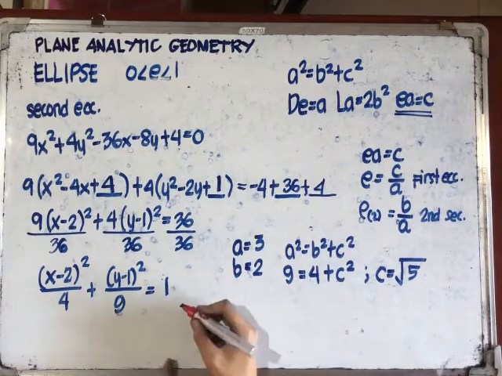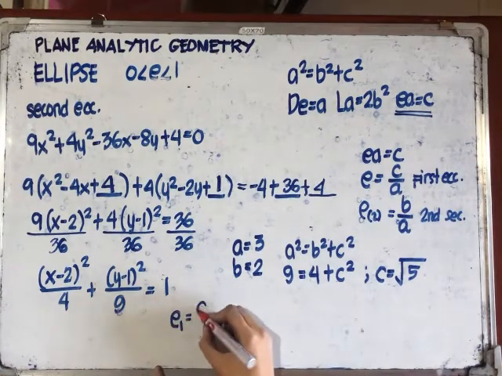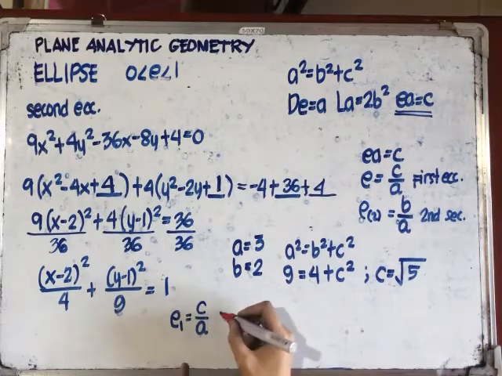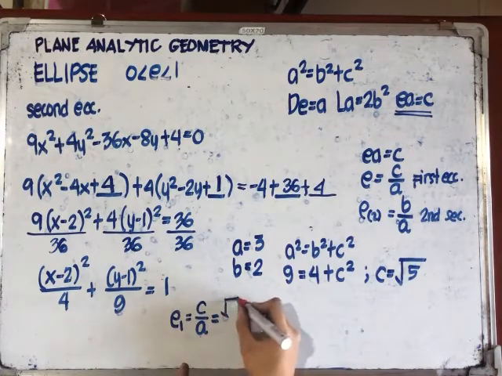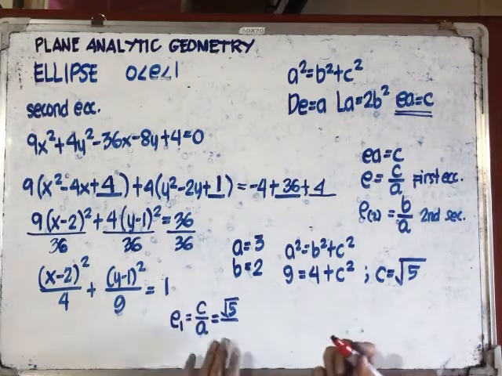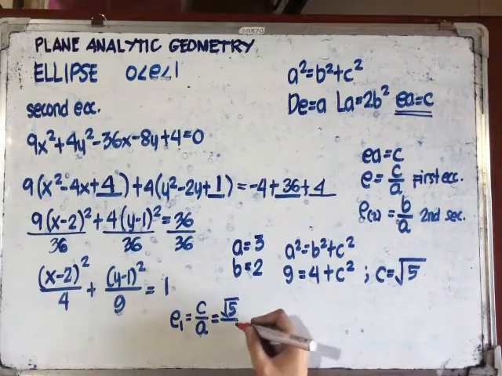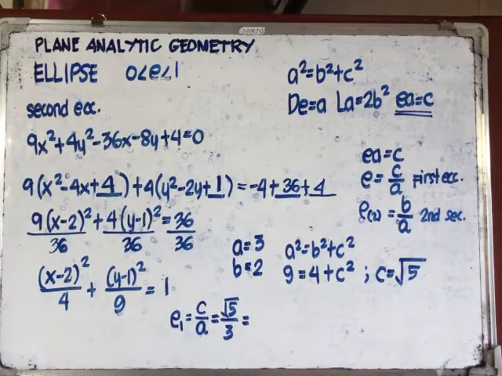So basically, if we want to compute your first eccentricity E sub 1, that is C over A, let us just compute that as well, kahit hindi siya tinatanong, so as to verify lang na ang eccentricity ba natin will really fall under the 0 to 1 range. Okay, that's square root of 5 over 3.